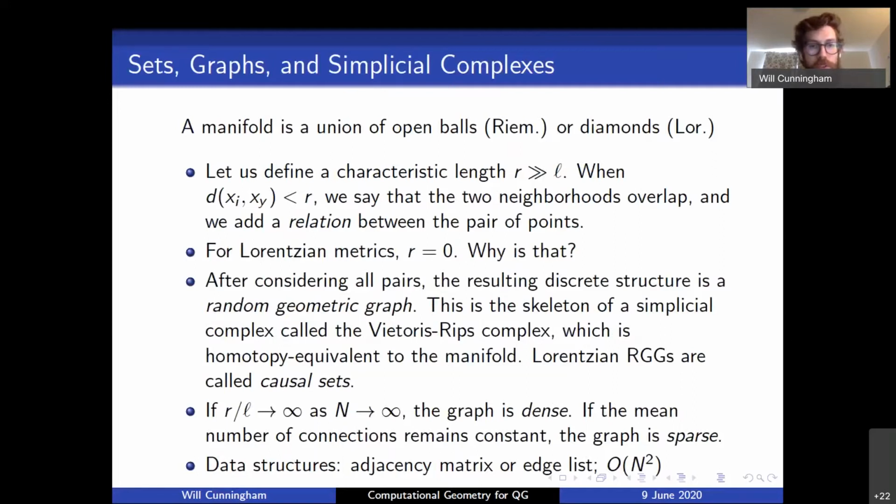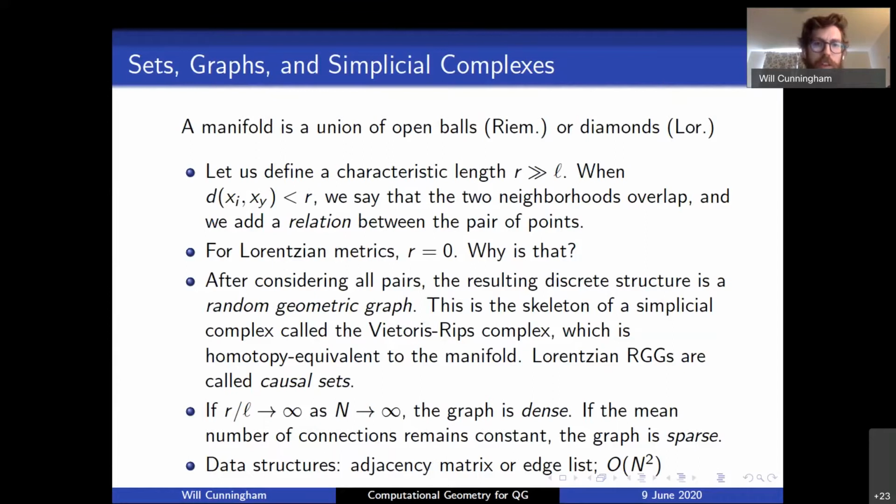So what we're going to do is define some characteristic length scale, which is going to be a connection radius. And this should be much larger than your discreteness scale. Otherwise, you will not have a percolated graph. You'll have many components. It will not really represent any connected space. So this is an important feature that we want to think about.